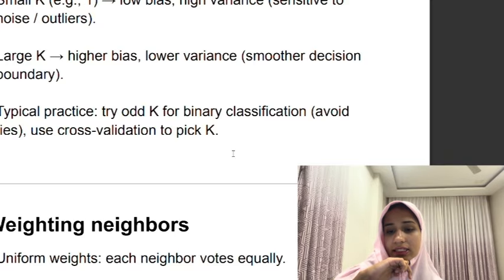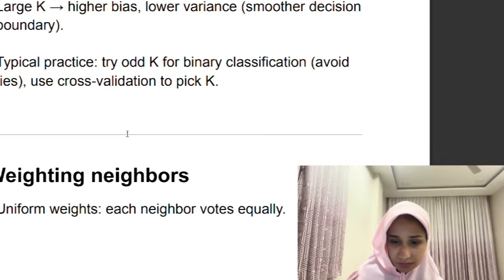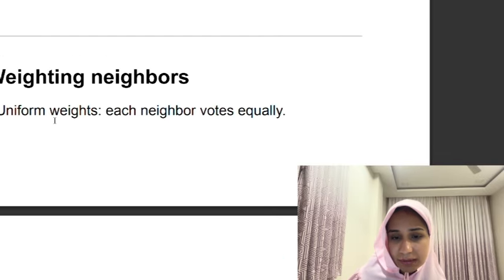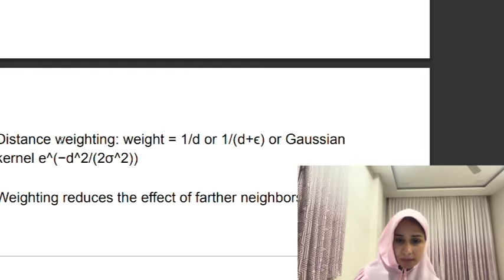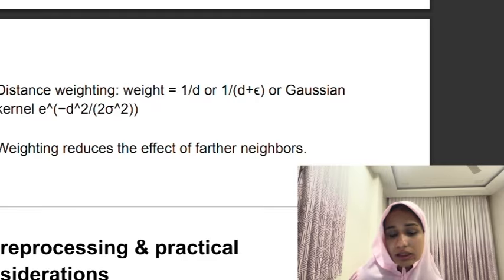Then weighting neighbors. Uniform weights: each neighbor votes equally. Distance weighting or Gaussian weighting reduces the effect of farther neighbors.